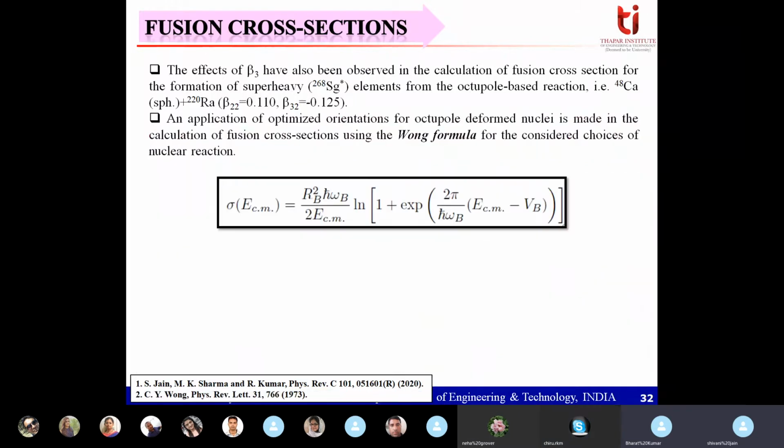Actually, on the basis of literature, it is said that above the barrier it addresses the data very well, and below the barrier, when we go to the lighter mass nuclei, it shows fusion hindrance. So in that situation we consider the extended version of the Wong formula, that is called the extended L summed Wong model, which helps to address the data.